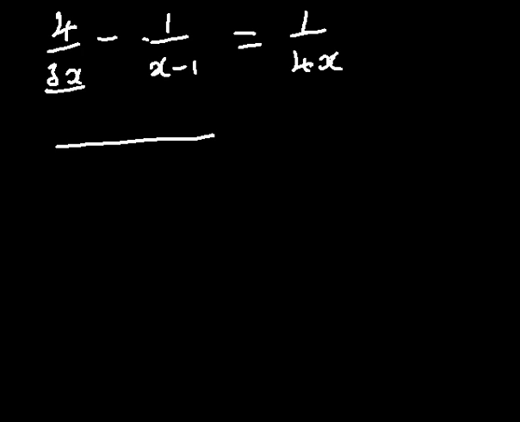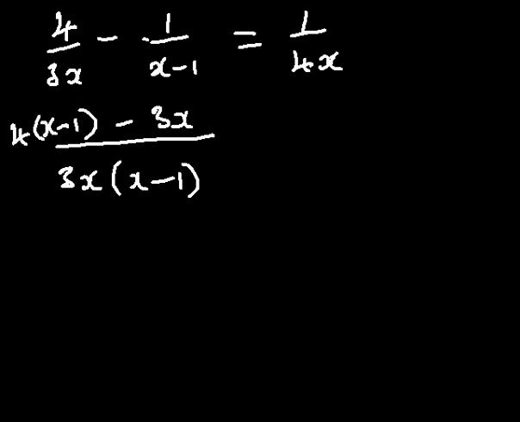That is 3x times (x minus 1). These are the common denominators. Then (x minus 1) goes to 1 times 3x, so we have 3x here, and 3x into this gives 4 times (x minus 1). That is equal to 1 over 4x. Now we expand here.